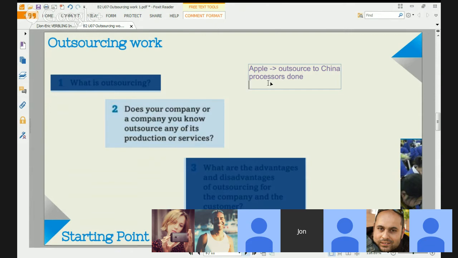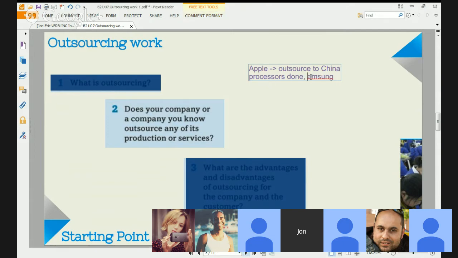Is that a Chinese company? I don't know who makes their chips. Samsung, yeah, that's crazy, but Samsung provides Apple chips. Yeah, they're always getting into fights, the two of them together. That's a little crazy, but that's a really good example, actually.